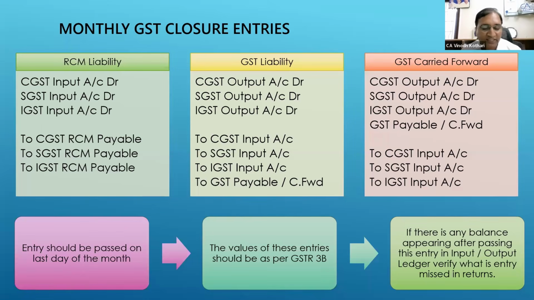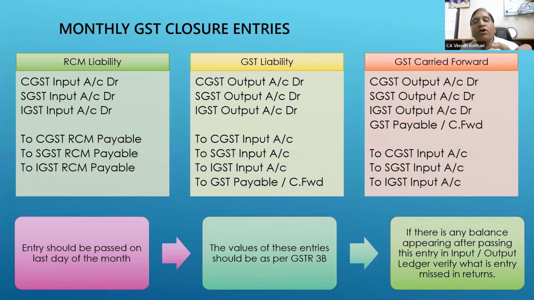So please ensure that if you are liable to pay RCM, don't pass a journal entry. Create a purchase voucher, a new voucher type called RCM invoice, with a serial number, and pass the entry in that self invoice. In the self invoice, you are going to provide only the value, not the breakup of the GST.